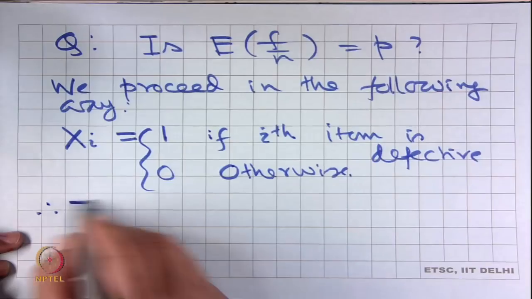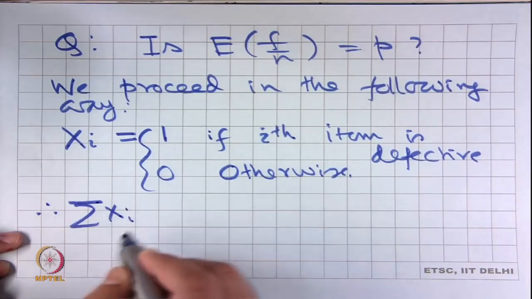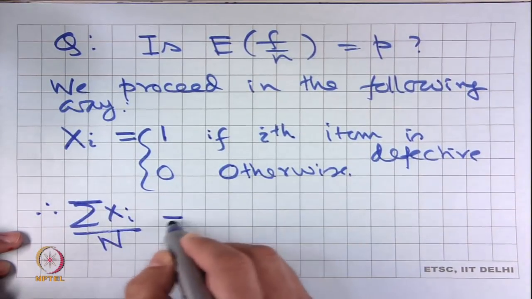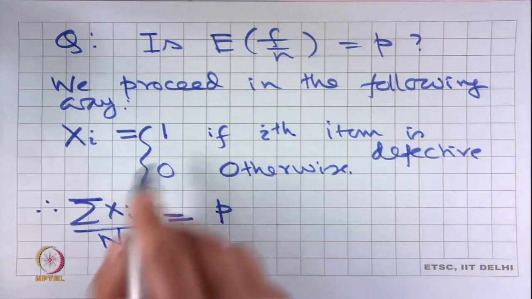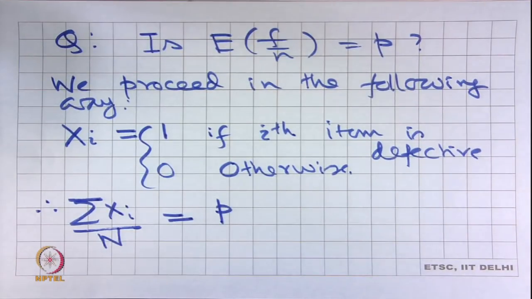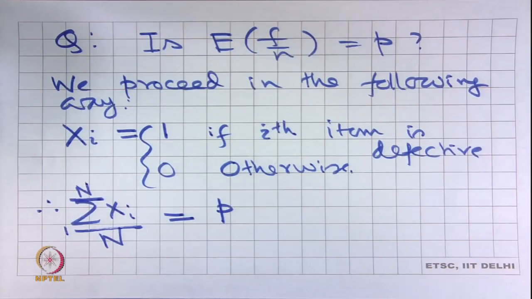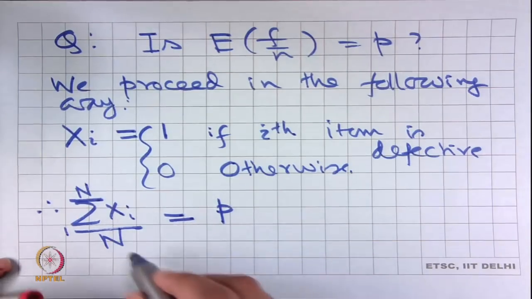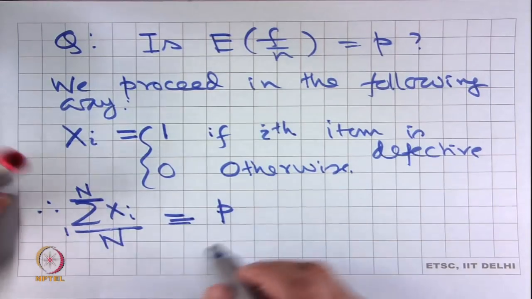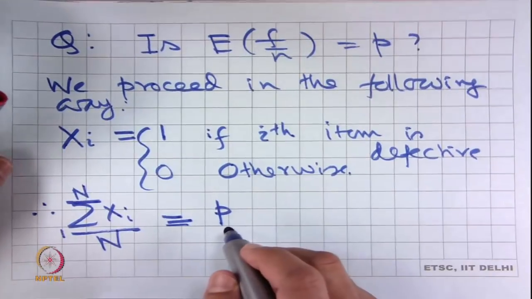Therefore, sigma x i divided by N is equal to p, because sigma x i from 1 to N will count the number of defective items in the population.